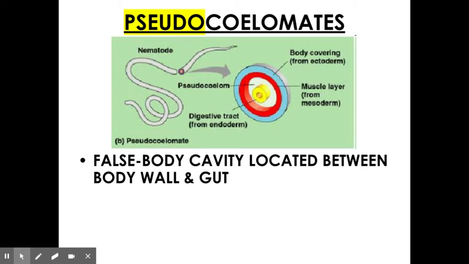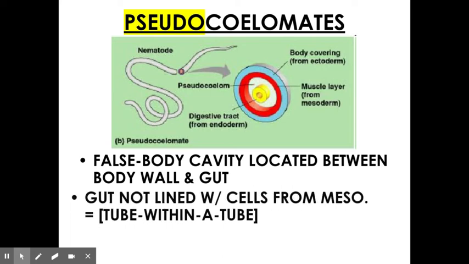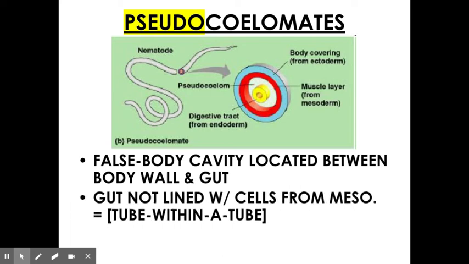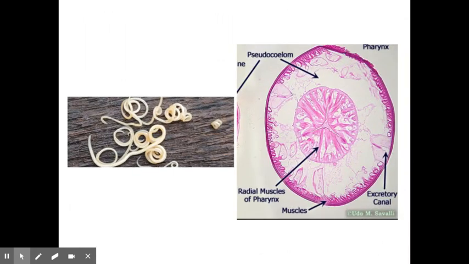It's only really a cavity if it's filled with fluid. If it's not, the body can deflate. And so, like I said, you can see that the gut is not lined with cells from the mesoderm. And so basically the body plan is kind of a tube within a tube. Animals that are pseudocoelomates are roundworms. Roundworms are fairly small.